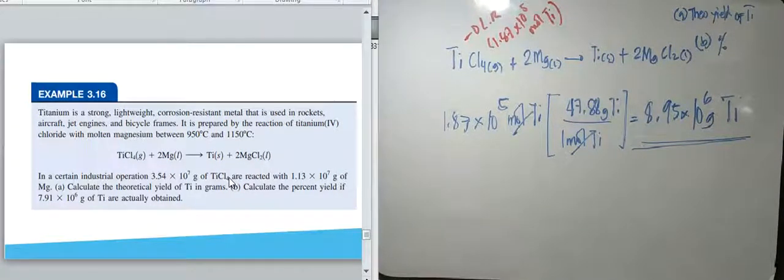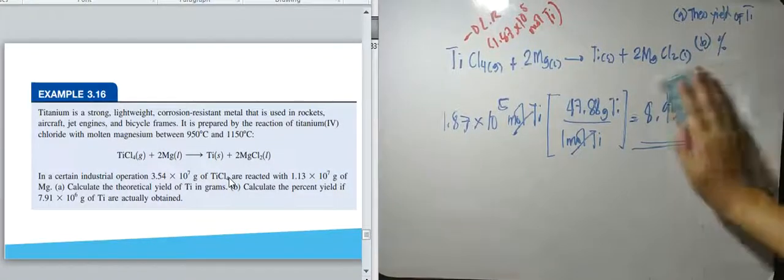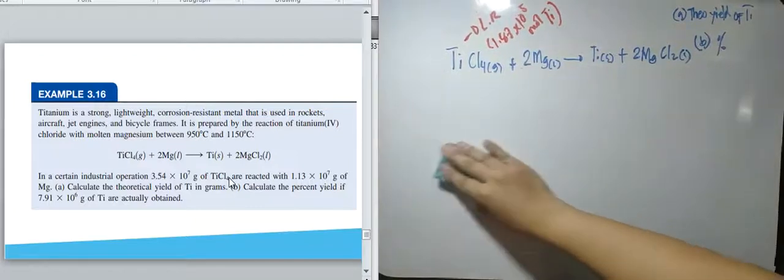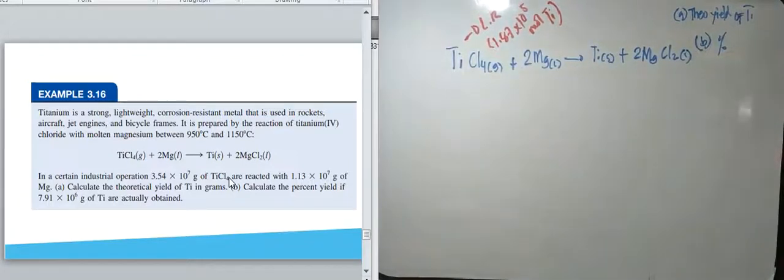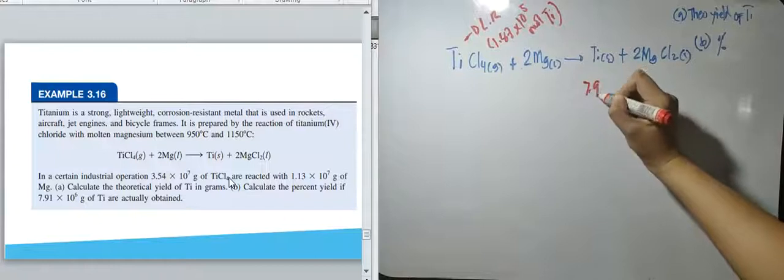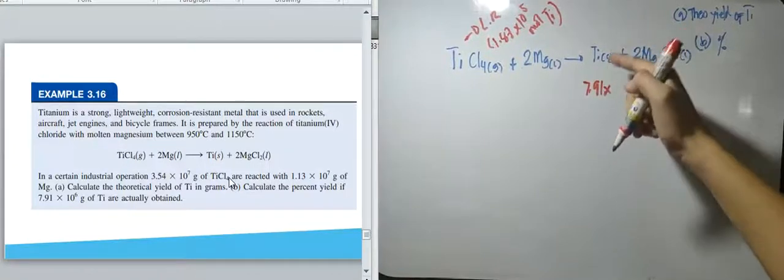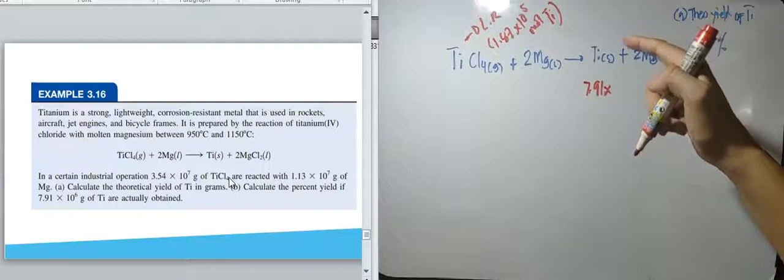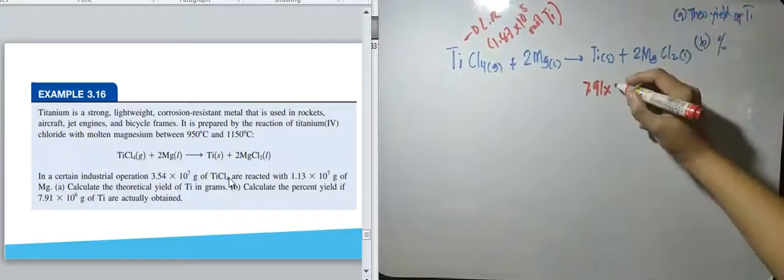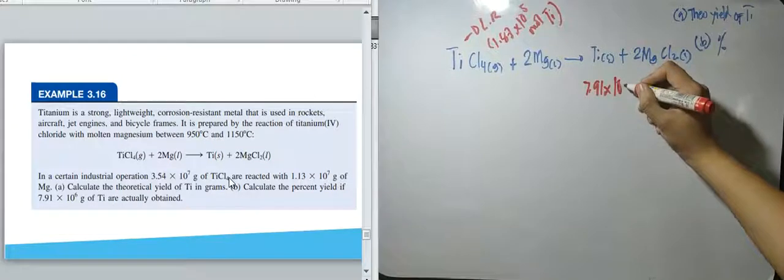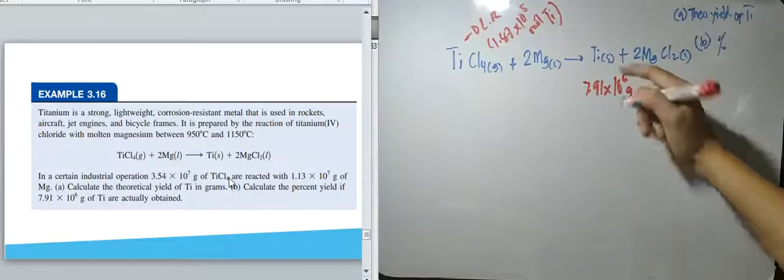So after that, we will now be able to calculate the percent yield. Okay? So we are given 7.91 based on our problem. We have here the actual yield, or the actual amount that is obtained, is 7.91 times 10 raised to 6 grams of titanium.